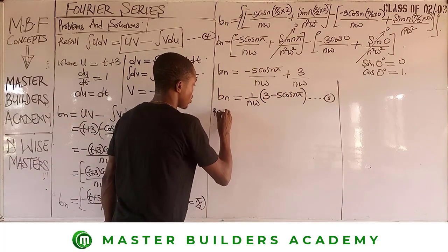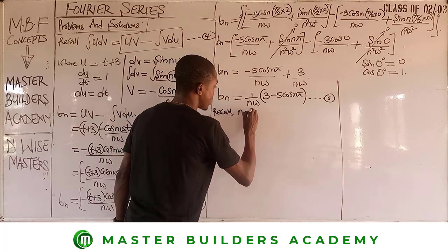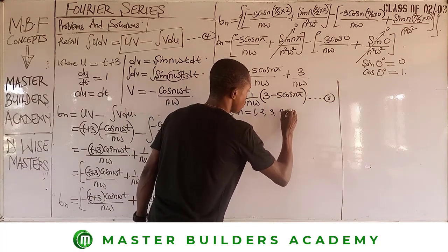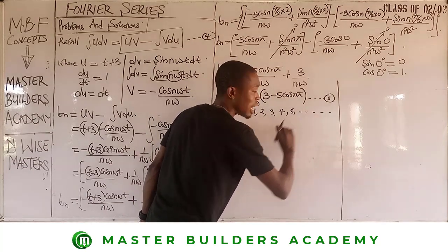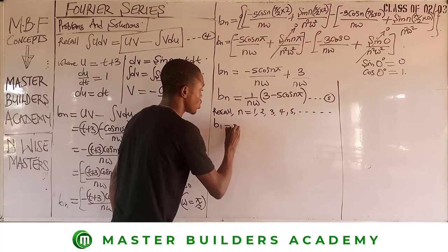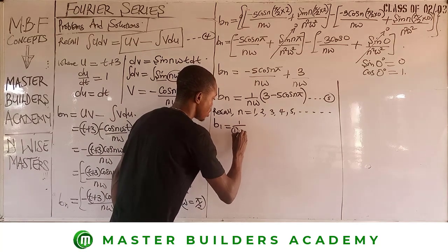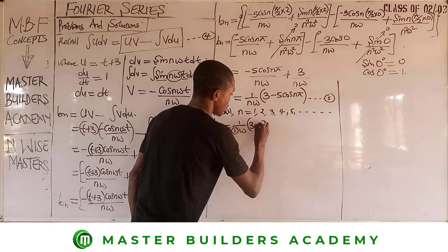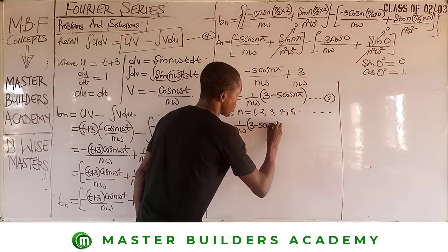Okay? All we need to do now is, let's quickly do it here. Remember, recall that n ranges from 1, 2, 3, 4, 5, and so on. So when n is 1, b1 is equal to 1 over 1 omega into 3 minus 5 cos.